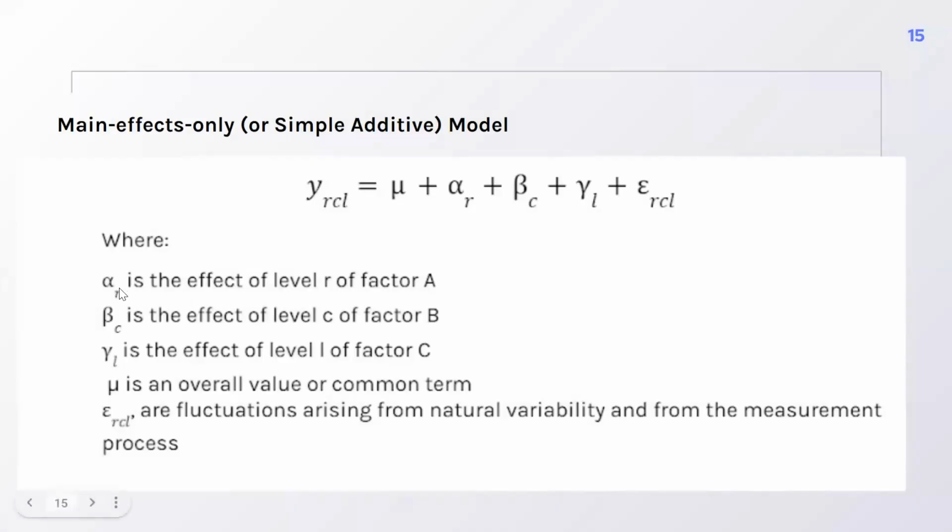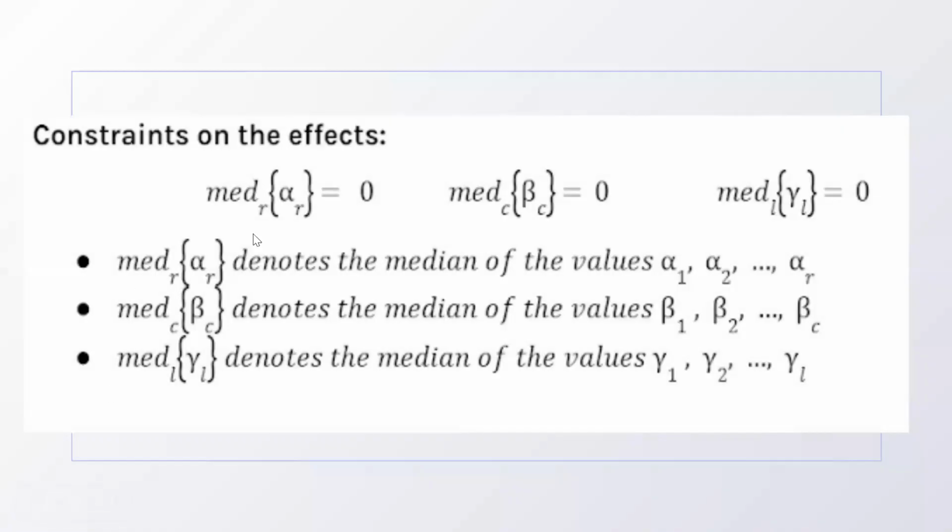So, ito po yung effects natin, yung alpha, beta, and gamma. Yung median ng effects for alpha is equal to 0. Yung median ng beta values is equal to 0. Yung median ng gamma values is equal to 0.